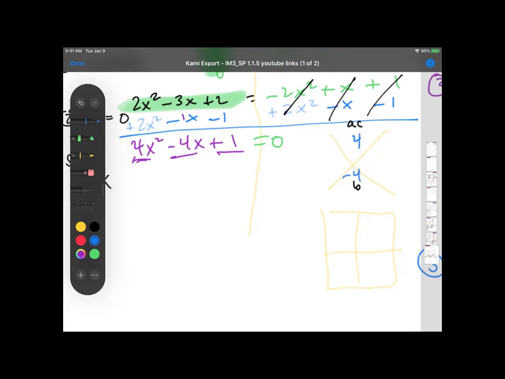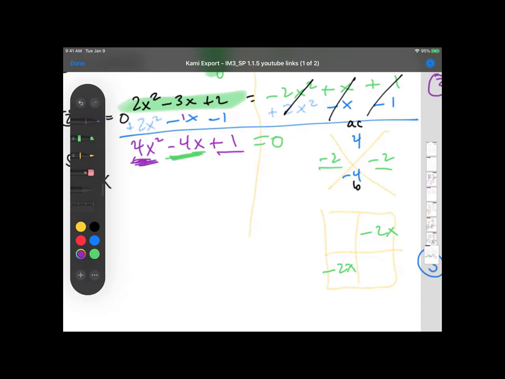Two numbers that multiply to 4 are negative 2 and negative 2, and negative 2 plus negative 2 equals negative 4. So I'm going to take those and write them here and here, and I'm going to put an x there. Why? Because negative 2x minus 2x equals negative 4x. So we're basically splitting this term.